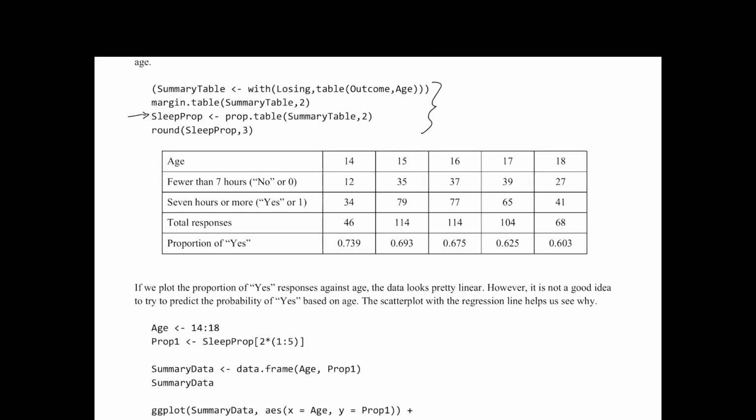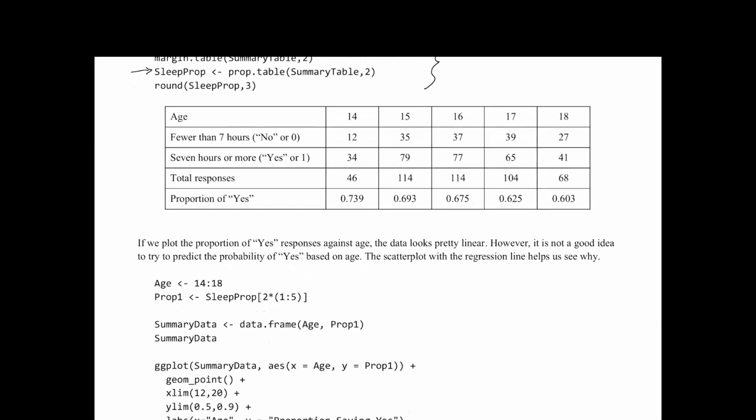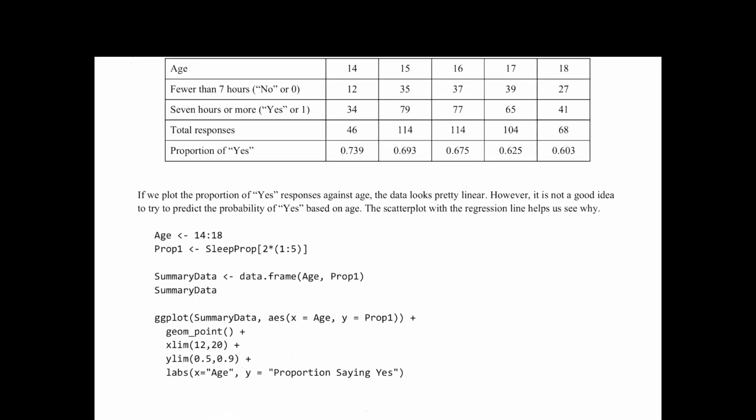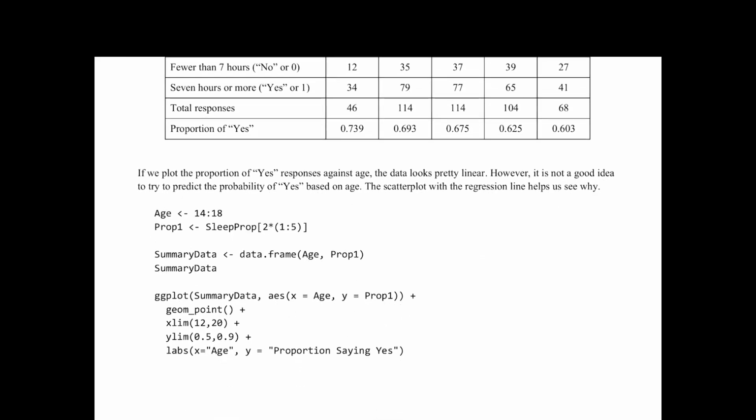But basically that gave the proportion of zeros at each age and also the proportion of ones at each age. So I basically asked it for the second line of that, the second row of that, so that it's giving me the proportion of yes, or 1, as it says here, prop 1. So then I made this summary data as a new data frame that had age and prop 1 only.